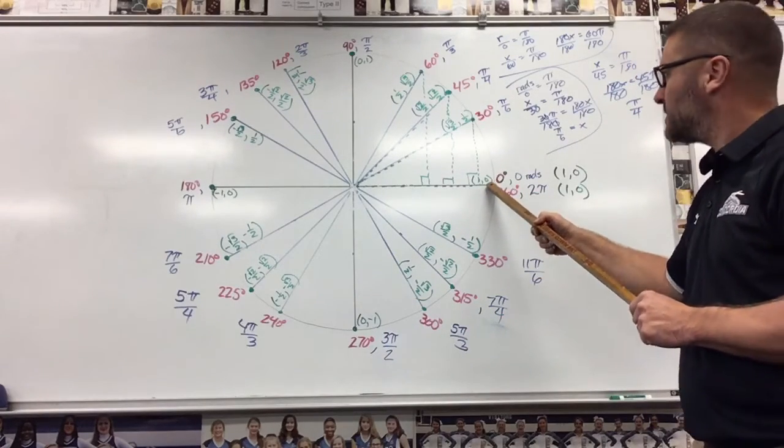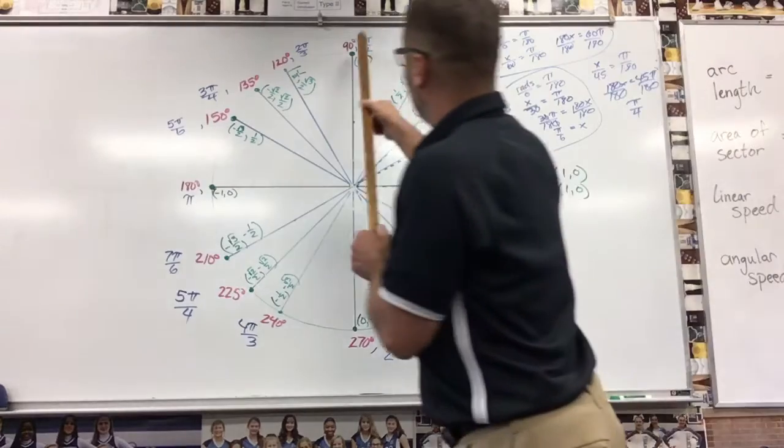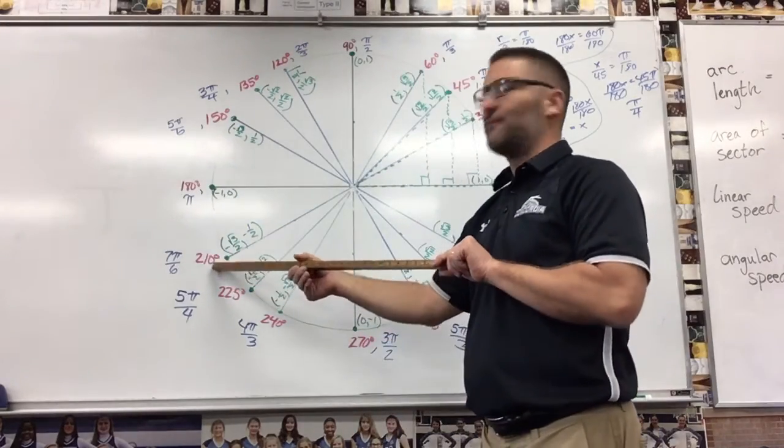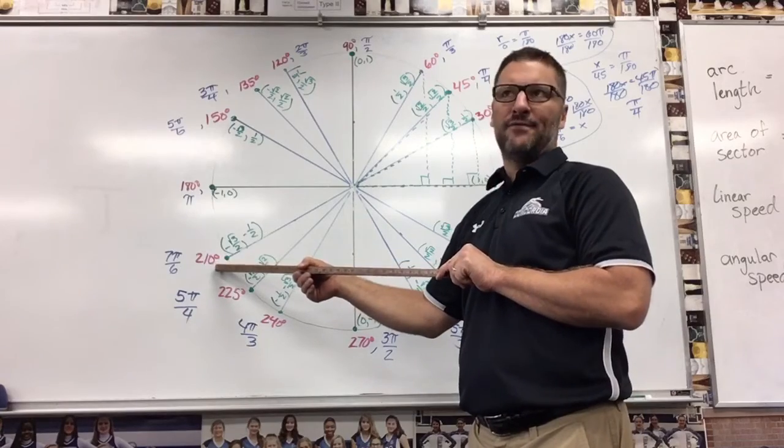Oh, that makes sense. You should have listed negative root 3 over 2, comma, negative 1/2 as the ordered pair.